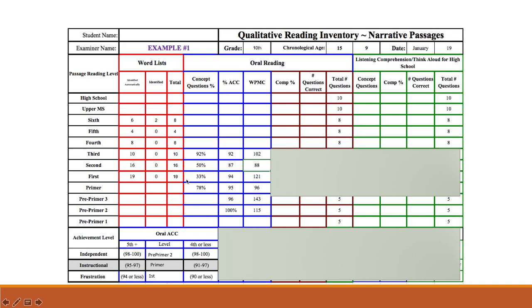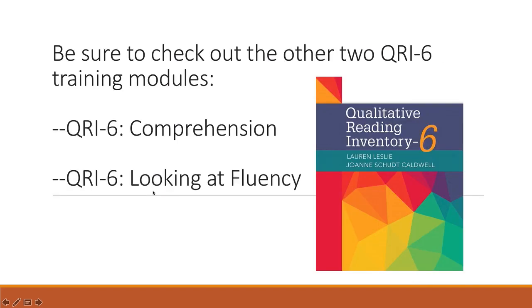This was going to be our starting point, but the examiner chose, which is totally fine, to start a level lower, tested backwards till we got independent, tested forward until we got frustration, filled all of this in, and then words per minute correct I'm going to address in another video. So this is what your completed oral accuracy sheet should look like.